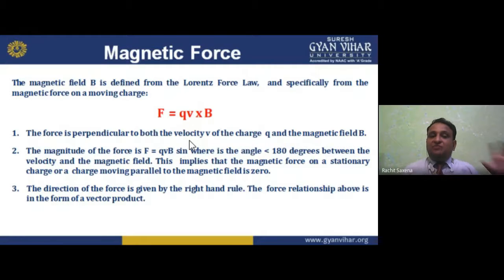This force is perpendicular to both the velocity V of the charge and the magnetic field B. As per previous lectures, I told you the force is perpendicular to both the velocity V of the charge Q. If I apply some force on something, it will start moving with some velocity, because current is flowing in a conductor placed in a magnetic field.